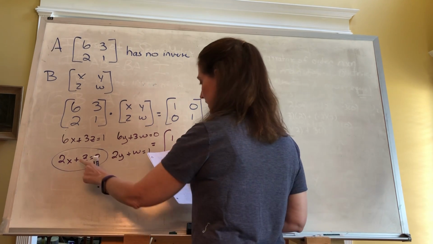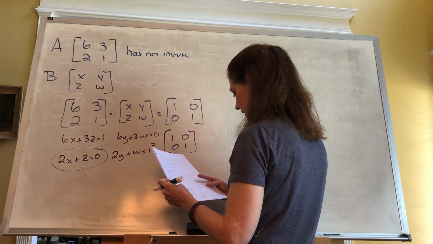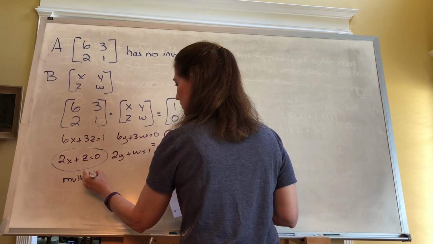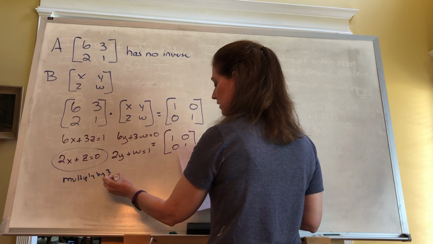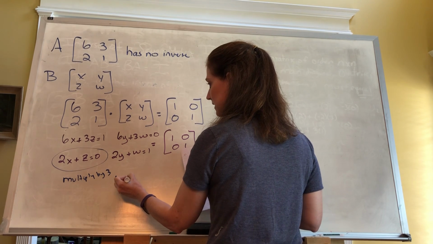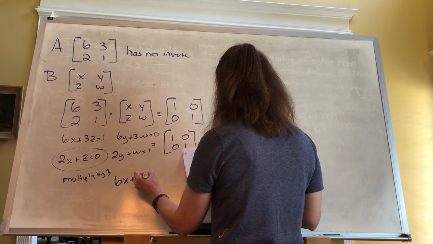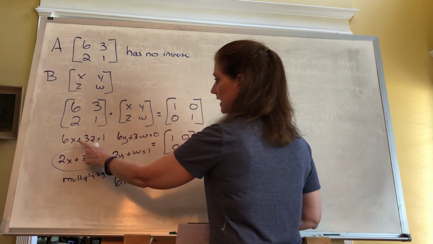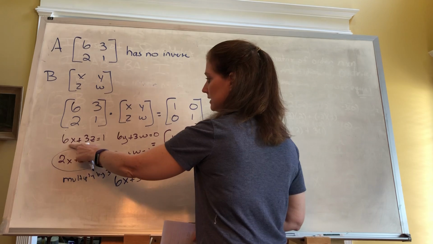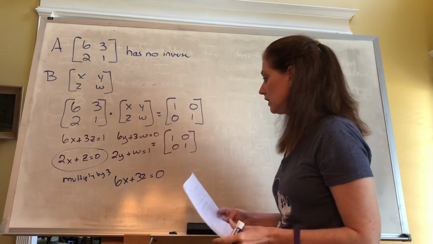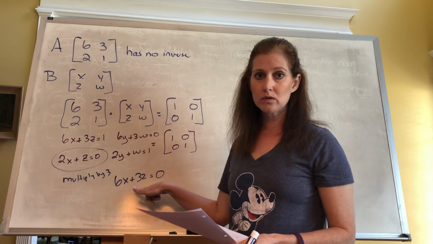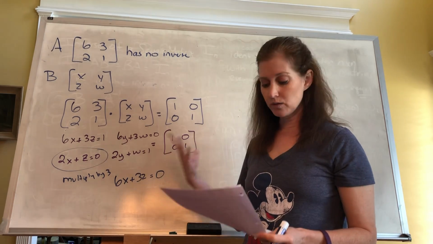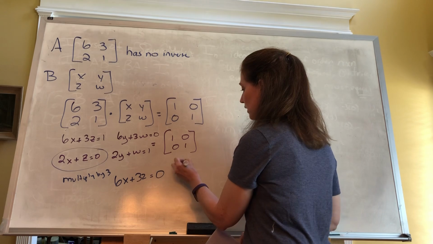I'm going to multiply this by 3. So I have 6x plus 3z equals 0. Notice I already have that equation up here, 6x plus 3z equals 1. They cannot equal both. They can't equal 1 and equal 0. So, therefore, we have no inverse.